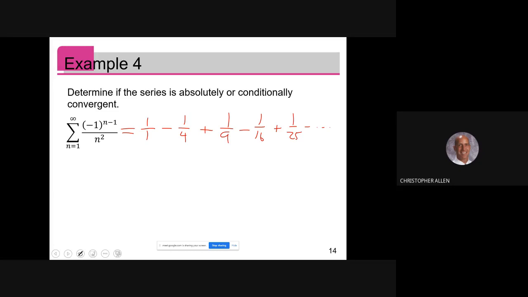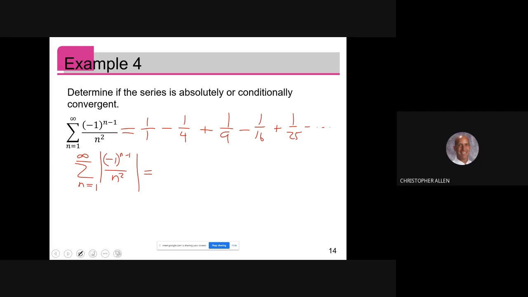And we want to determine if it is absolutely or conditionally convergent. So let's look at the following. The absolute value of negative 1 to the n minus 1 over n squared. When I do the absolute value, what's the only thing absolute value does?